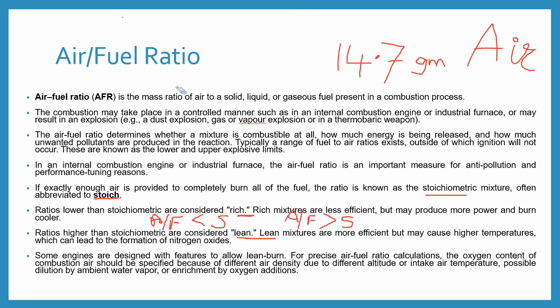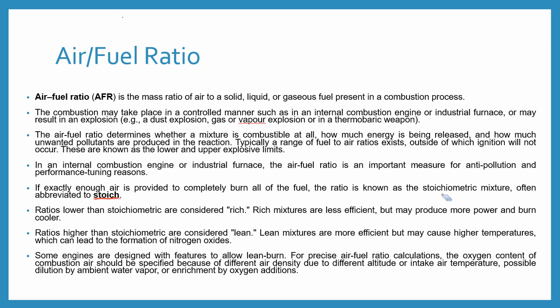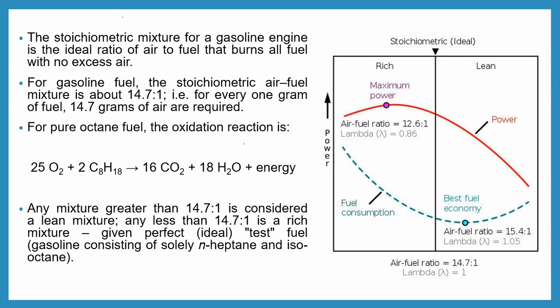So students, you need to remember that for the complete burn of 1 gram of petrol, we require 14.7 grams of air. Here you can see in this picture, it shows the power and the air fuel ratio.